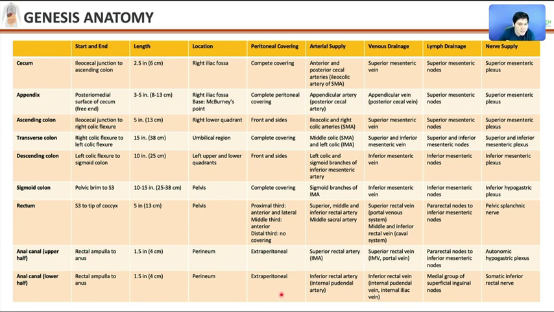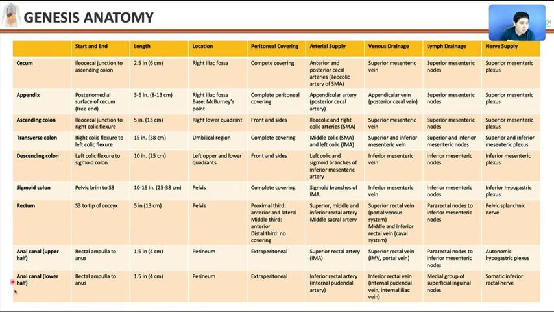And as you see, your anal canal lower half has a different supply, drainage, and nerve supply. Your lower half is supplied by the inferior rectal artery, which comes from the internal pudendal artery, a branch of the internal iliac artery. It is drained by the inferior rectal vein, similarly from the internal pudendal and internal iliac vein, and by the medial group of superficial inguinal nodes, with somatic inferior rectal nerve supply.